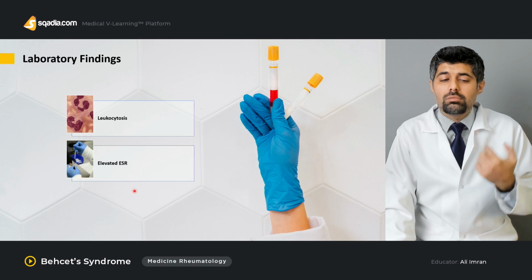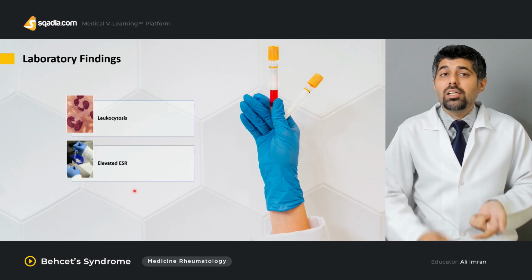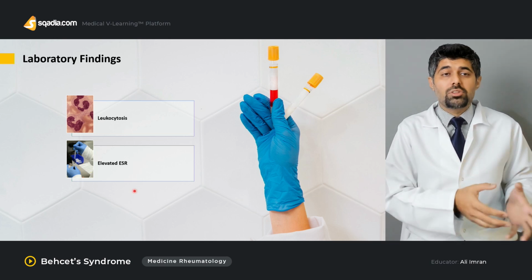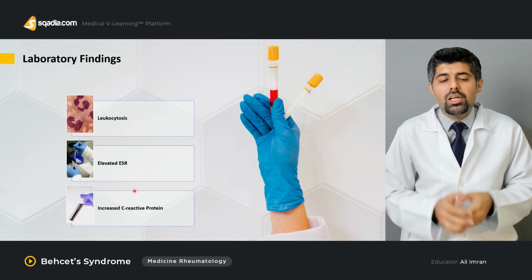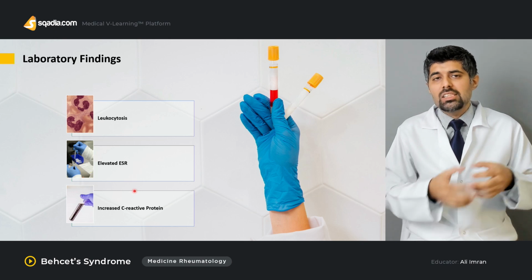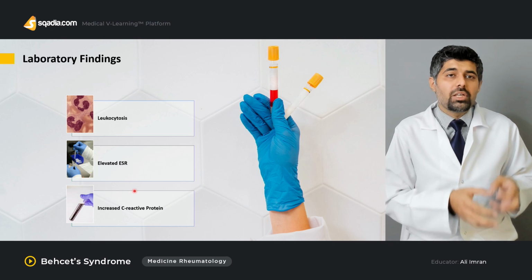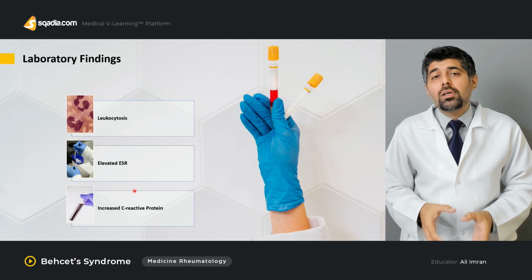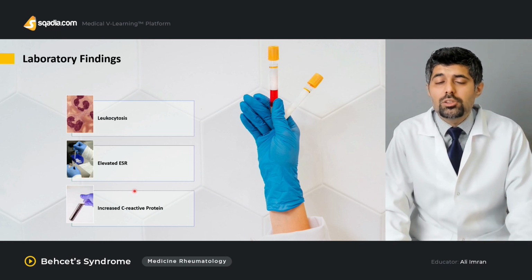We find that there's elevated ESR, because again it's an inflammatory disease, so the erythrocyte sedimentation rate increases, and we find increased levels of C-reactive protein, and C-reactive protein increases in every inflammatory disease. So these are the typical findings in any person suffering from Behcet syndrome.